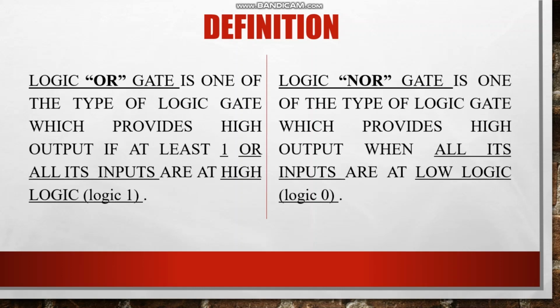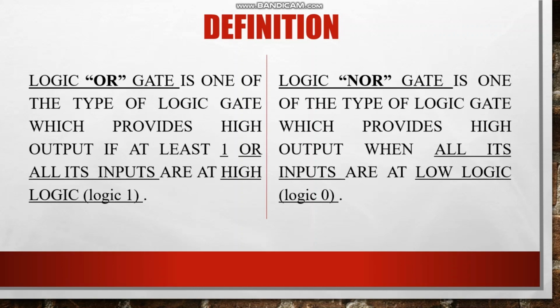But let me tell you one thing, that for OR logic gate, the definition which is given towards the left hand side of your screen, always remember this, OR logic gate will give the high output when at least one of its input is at high logic level.